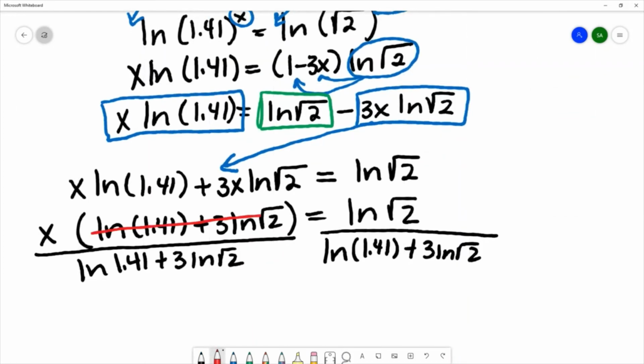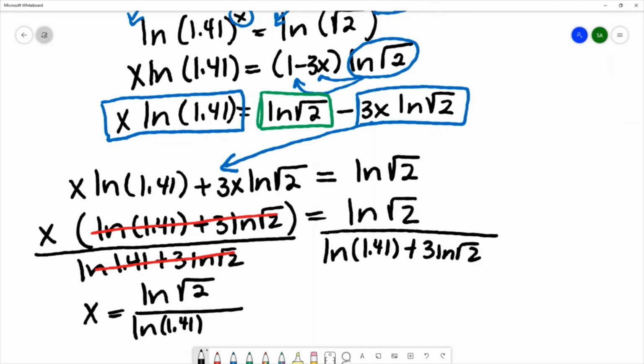These parentheses cancel on the left, leaving me with x, and on the right I'll copy down what I have, and this will be the solution. Natural log square root 2 divided by natural log of 1.41 plus 3 natural log square root 2.